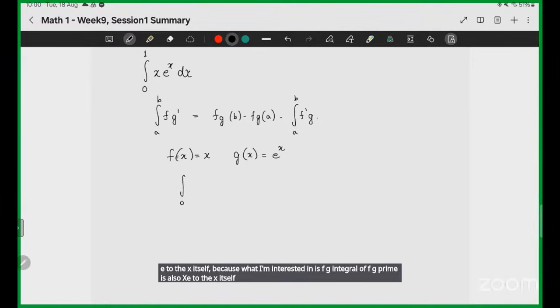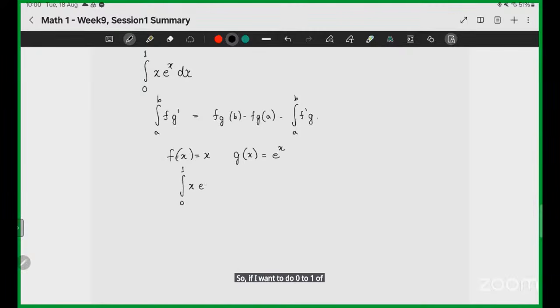So if I want to do 0 to 1 of x e to the x dx, I will do x e to the x at 1 minus at 0 minus the integral from 0 to 1. F prime is what? It's just 1.